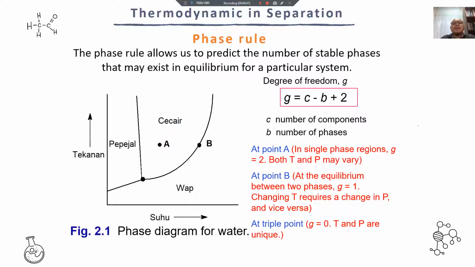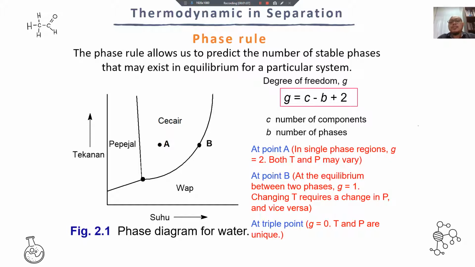Okay, so now we want to learn about the phase rule. The phase rule is that we want to predict the number of stable phases that may exist in equilibrium for a particular system. So with the phase rule, we want to know how many variables we can play around with in that particular system.